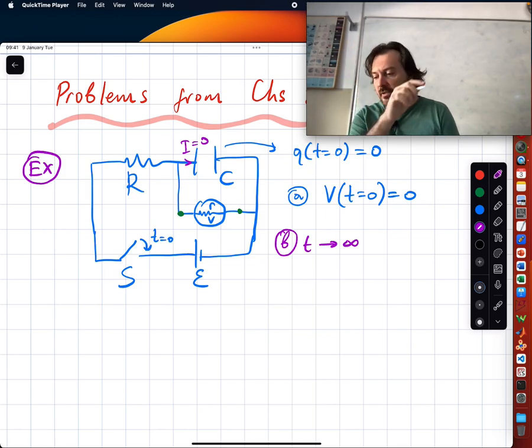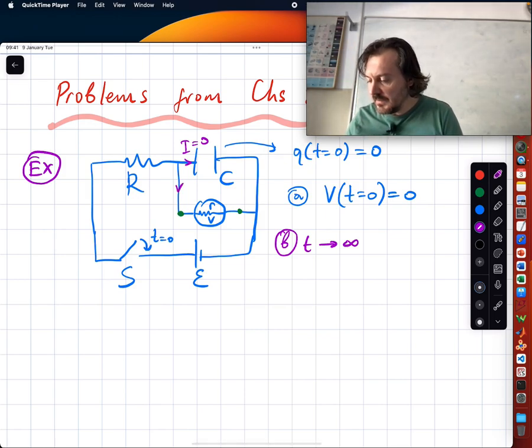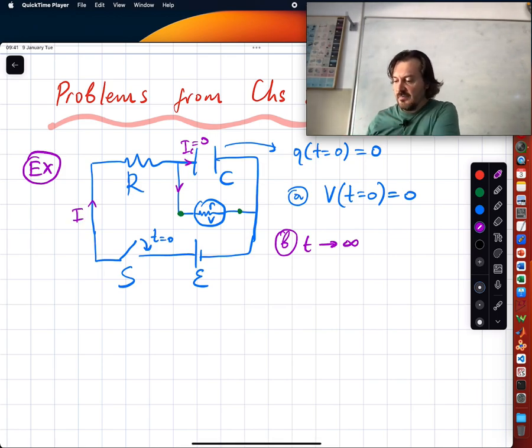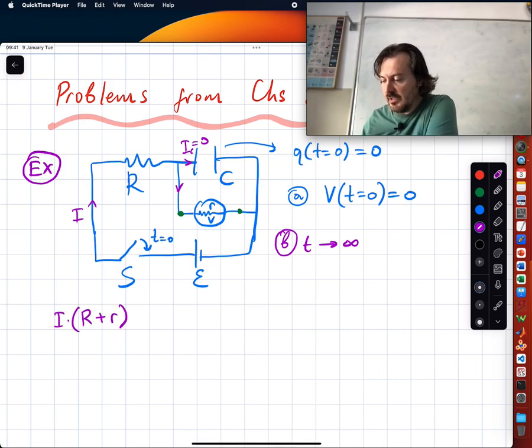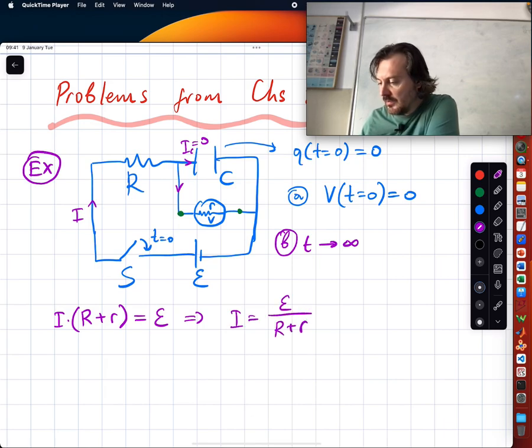It will be fully charged. All current will flow instead through here. So I_C will be 0, but the current I in the circuit will flow like this. And we can just write I times big R plus small r equals E. Then I is E over R plus small r.